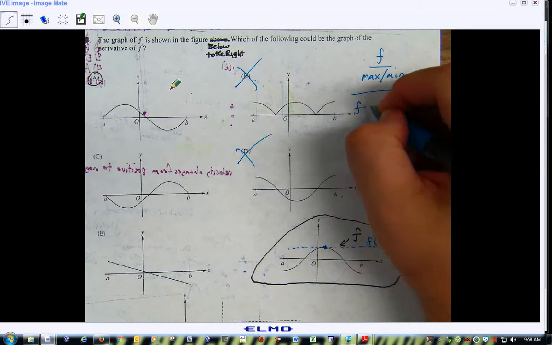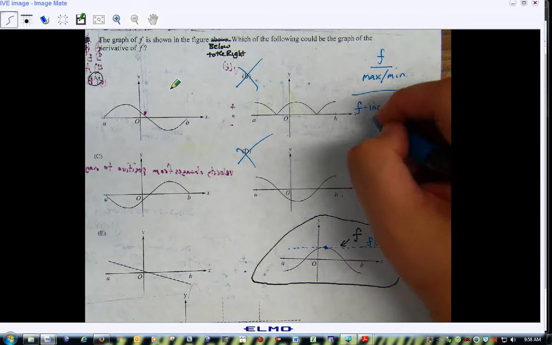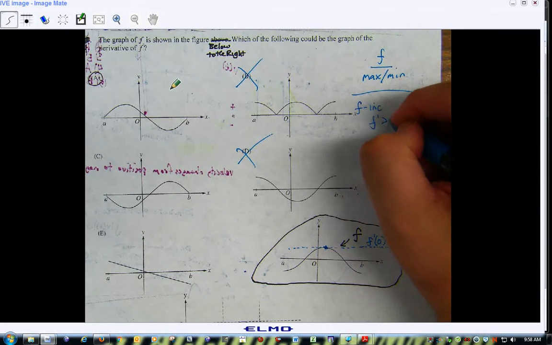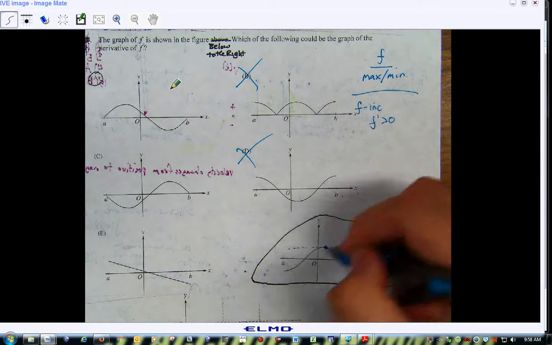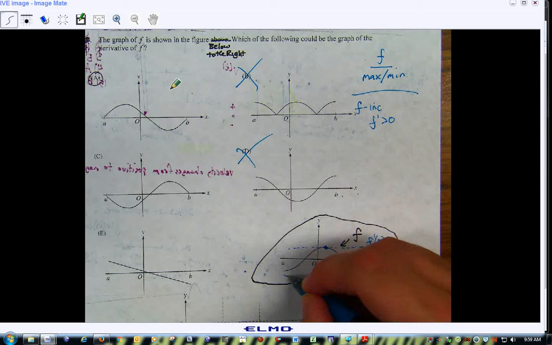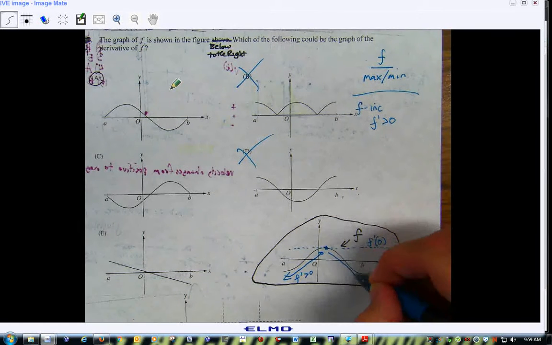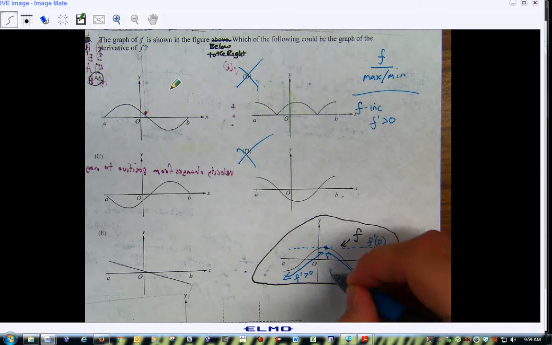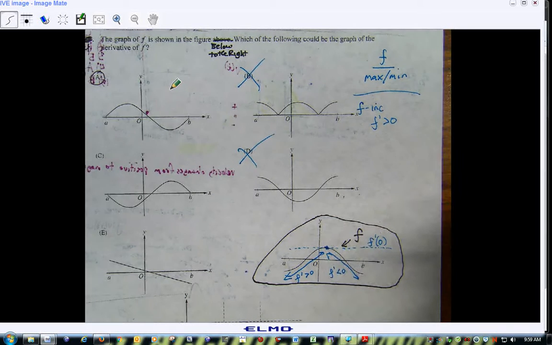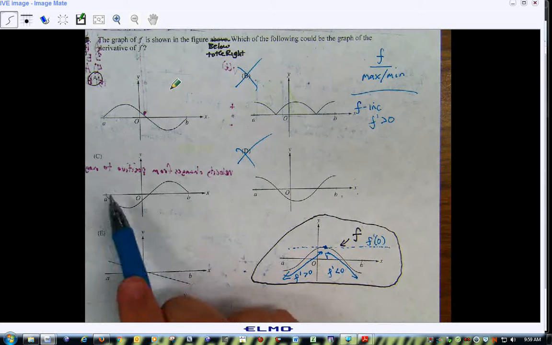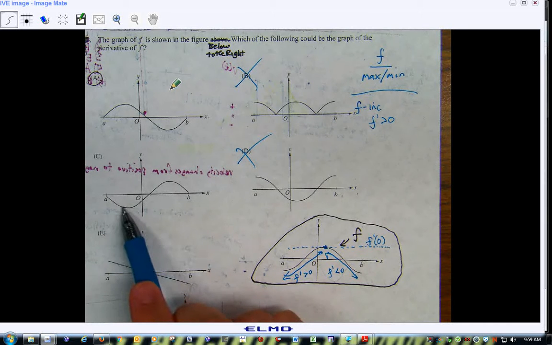So from here to here, f prime should be greater than 0. From here to here, f prime should be less than 0. Now, here f prime is less than 0. Is that what we want? No, that guy's gone.